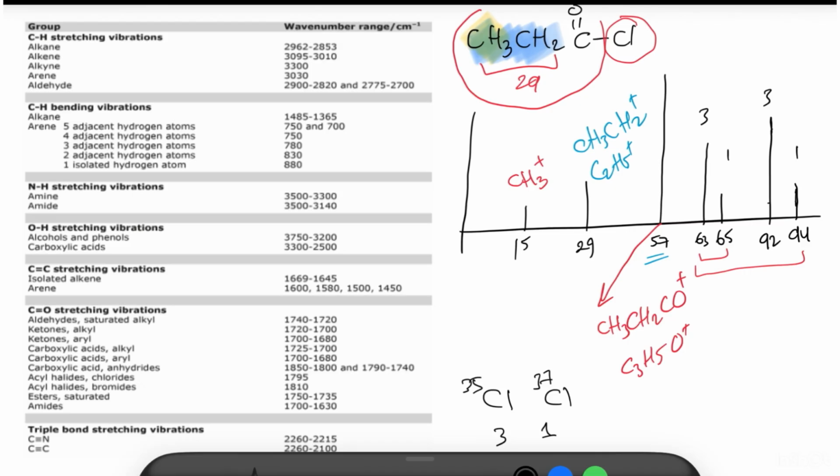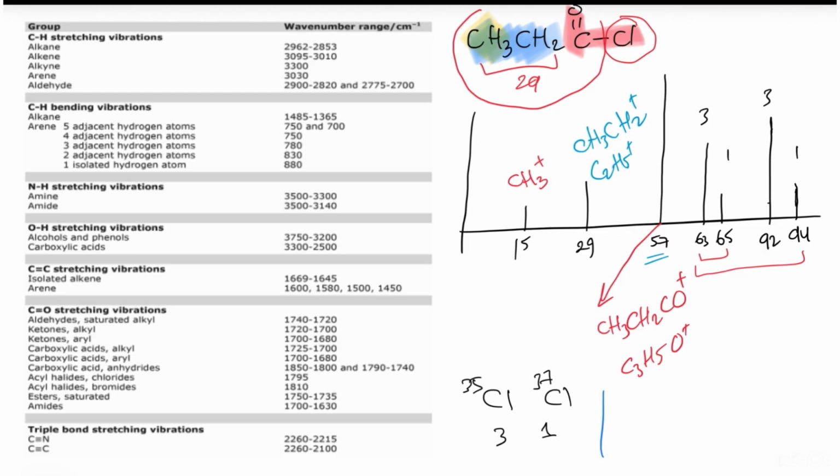How can I write these fragments, or what do 63 and 65 represent? If you use your calculator, you can say that it looks like this one here. But how can I tell whether it's chlorine 35 or chlorine 37? You can say it's C double bond O, Cl, right?